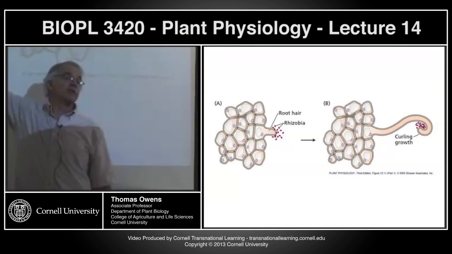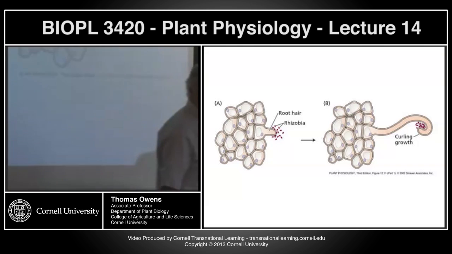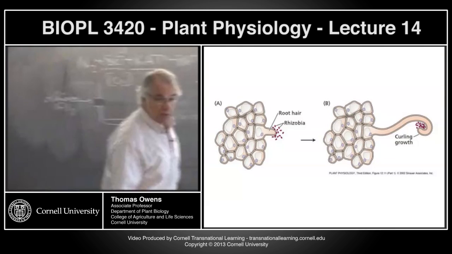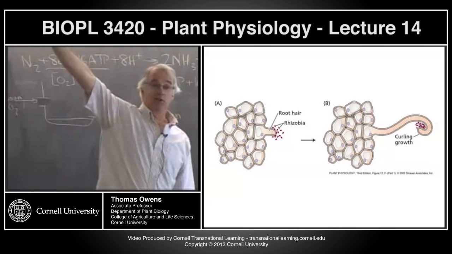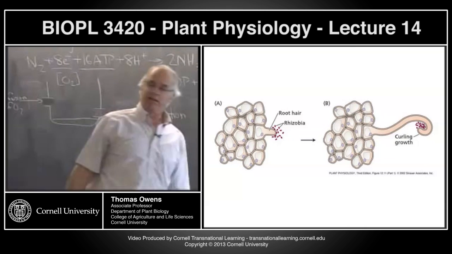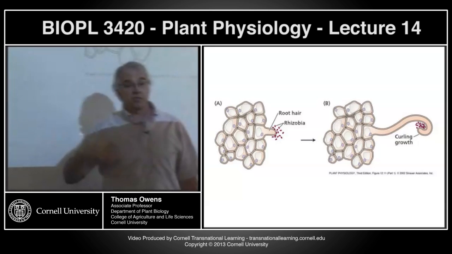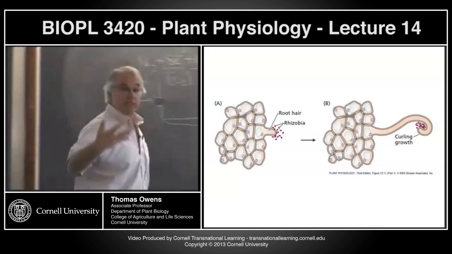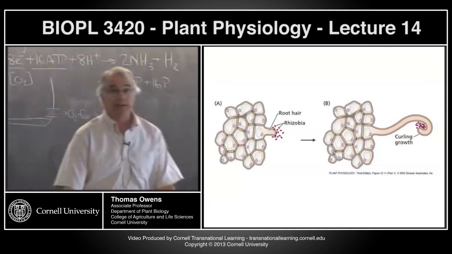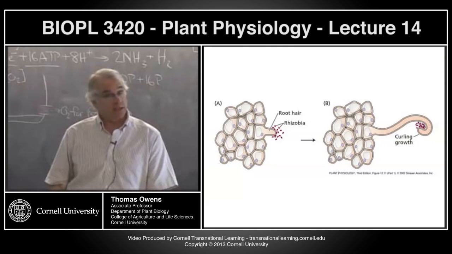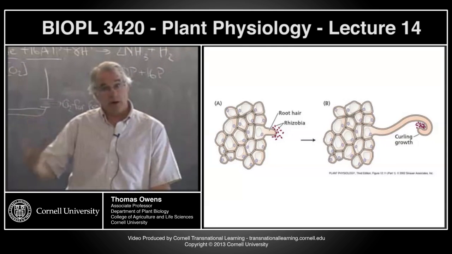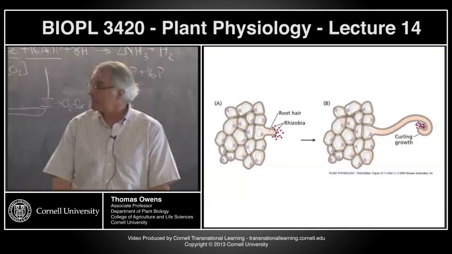The flavonoids that are released by legume roots are signals to the rhizobia: there's a legume nearby, come this way. So there's a chemotactic movement of the rhizobia from the soil toward the plant in response to these compounds that the plant is releasing, not to signal the bacteria, but to keep other plant roots from growing too nearby.